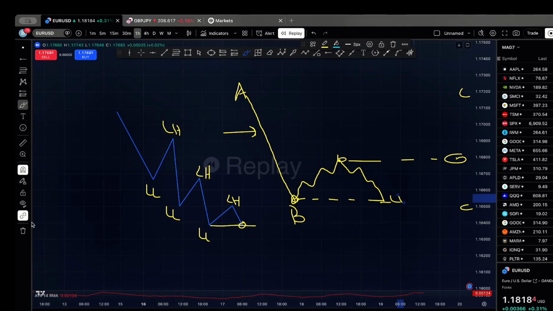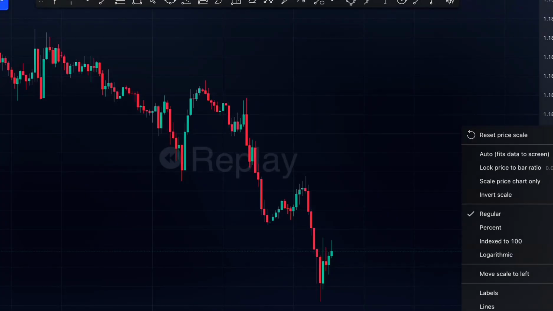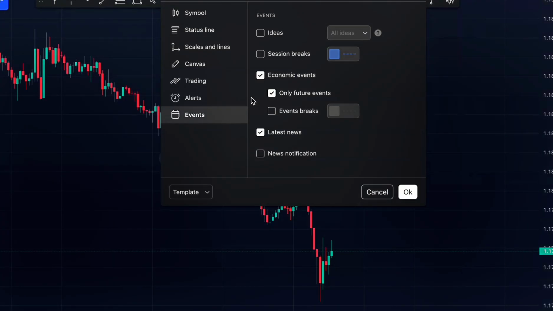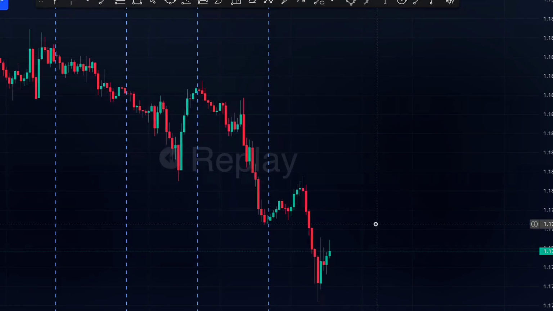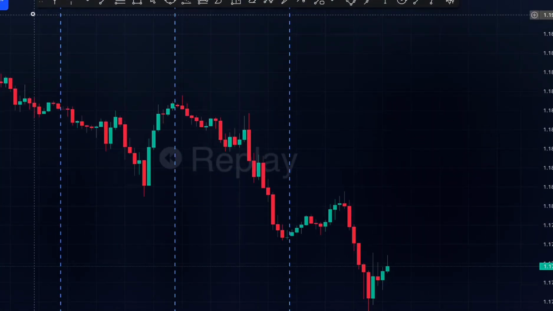So now, let's move to the chart. I'm going to go to the settings over here, and I'm going to set the session break. What does this session break mean? We are on the EUR/USD in the 1 hour time frame.